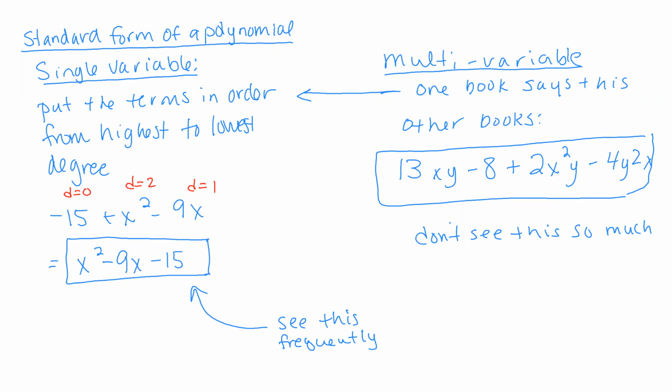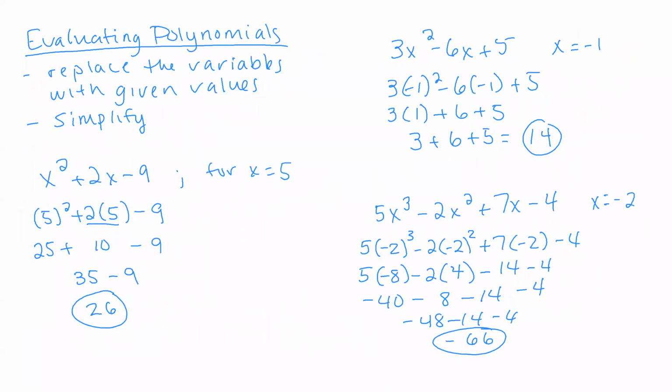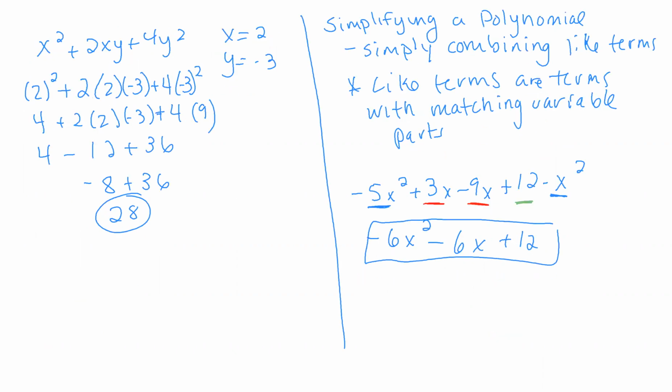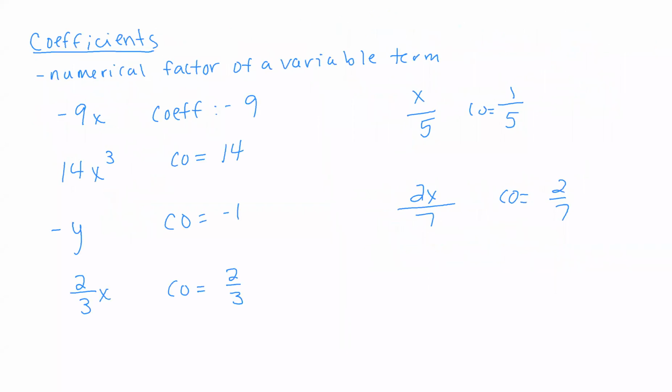If you have a single variable, standard form is easy, just go highest to lowest degree. We talked about evaluating a polynomial, so you just replace the variable or the variables with given values and then simplify. And then finally, we talked about simplifying polynomials. We did several examples, and then we looked at coefficients. So that pretty much sums up an introduction to polynomials.